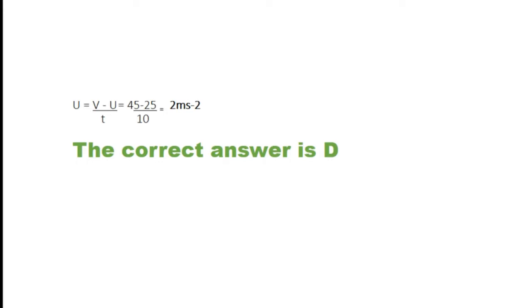Our v is equal to 45, our u is equal to 25, and our time is 10 seconds. If we put all back into our formula (v minus u) over t, we'll have 45 minus 25 all over 10. And this will give us 2 meters per second. And from our options, option D is where we have 2 meters per second squared.